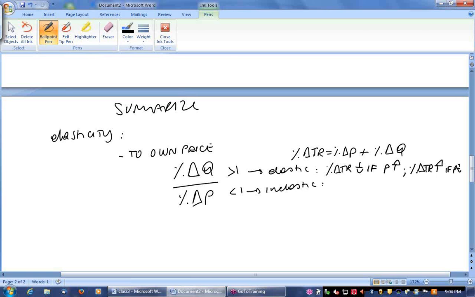If the demand is inelastic, instead, the percentage change in total revenues is increasing if you increase the price and is decreasing if you decrease the price. This you need to know by heart so that you can answer the question in 1 second.